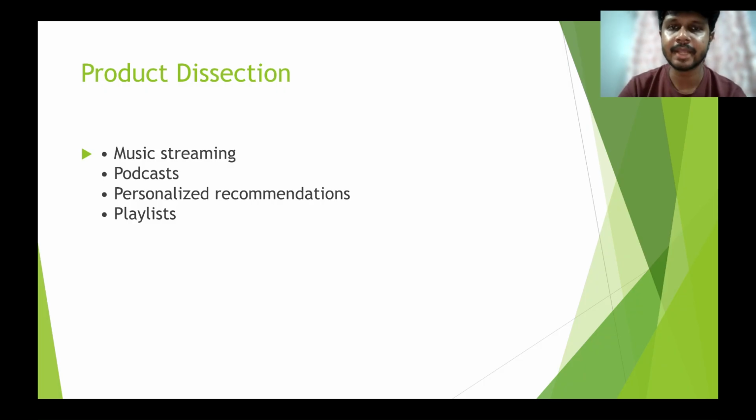Now in this slide, I will be explaining what product dissection is about. A product dissection means understanding how a product works, what value it provides to the user, and how it solves real-world problems. Spotify is much more than a music player nowadays.